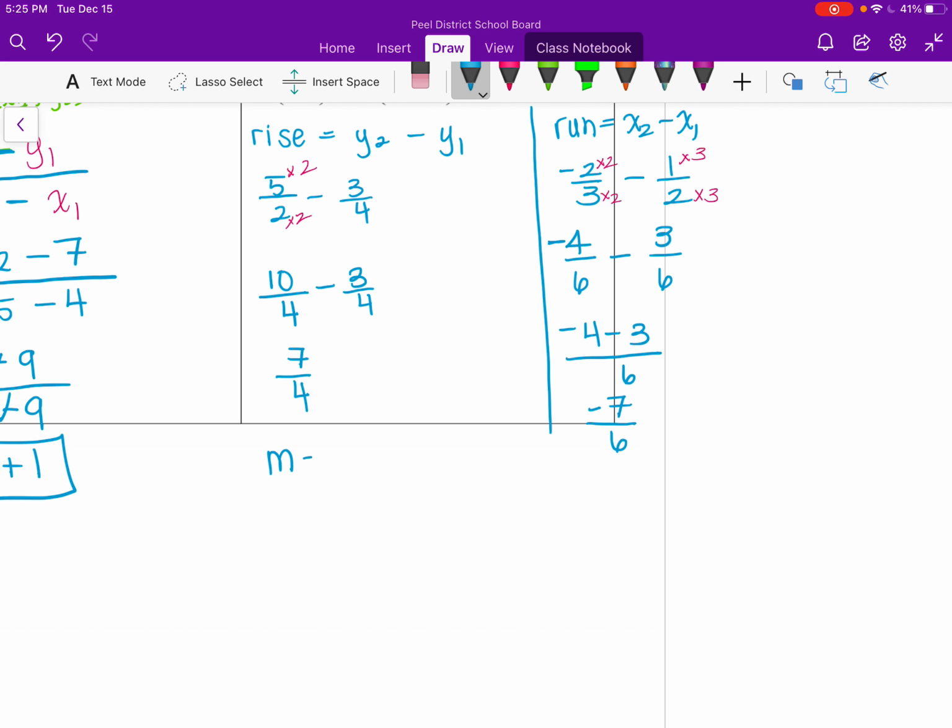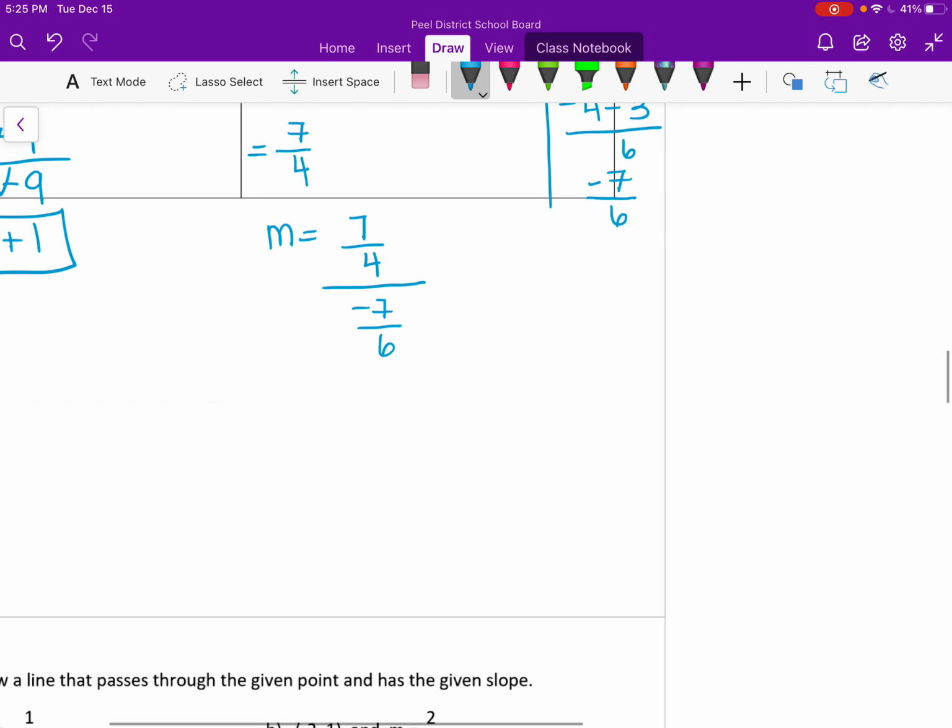So I'm going to have m is equal to rise over run. So I'm going to have 7 over 4 divided by negative 7 over 6. I hate the way this looks. So I'm going to do m is equal to 7 over 4, let's just do it this way, divided by negative 7 over 6.